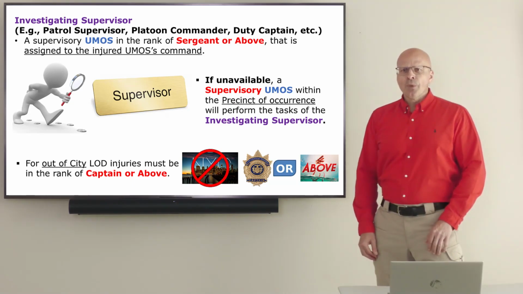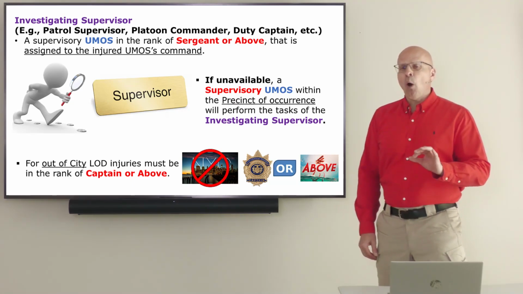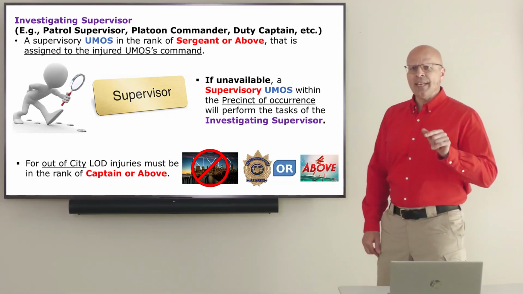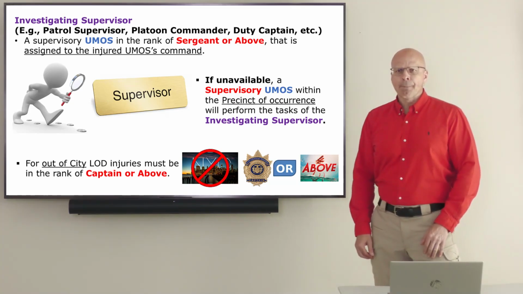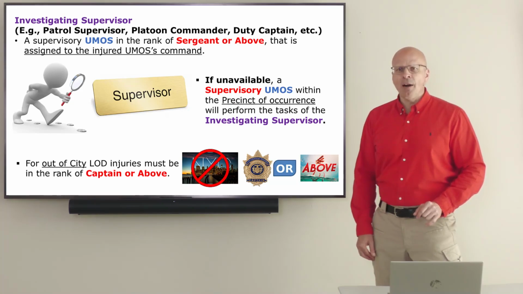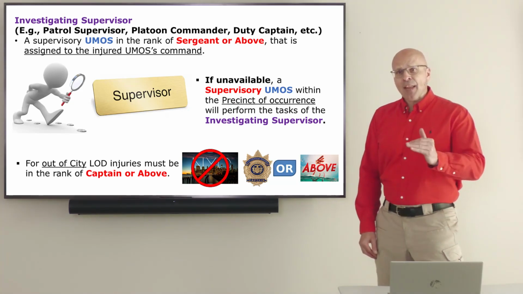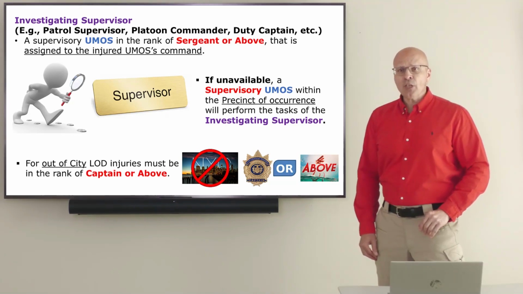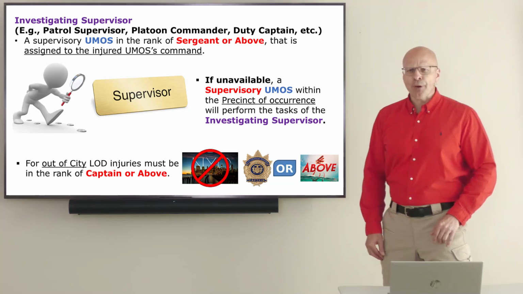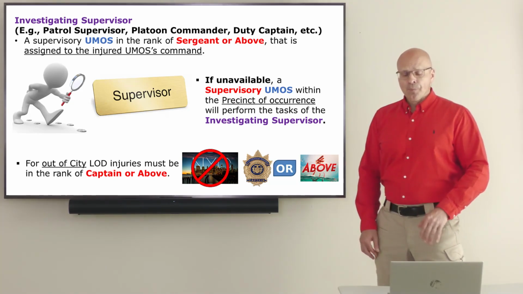Second scenario, let's change it a little bit. I am an officer assigned to the 7-9 precinct, and I get injured in the 81st precinct. Well, a 7-9 supervisor, sergeant above, will be the investigating supervisor. And if that 7-9 sergeant above is unavailable, well, then it falls back on the 81st precinct supervisor, sergeant or above.